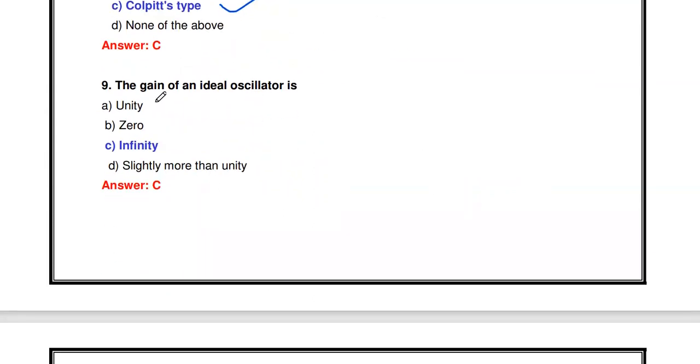The next one, the gain of ideal oscillator is dash. The gain of an ideal oscillator is infinity. A practical oscillator is different, but for an ideal oscillator the gain is infinity. The Aβ value is infinity.